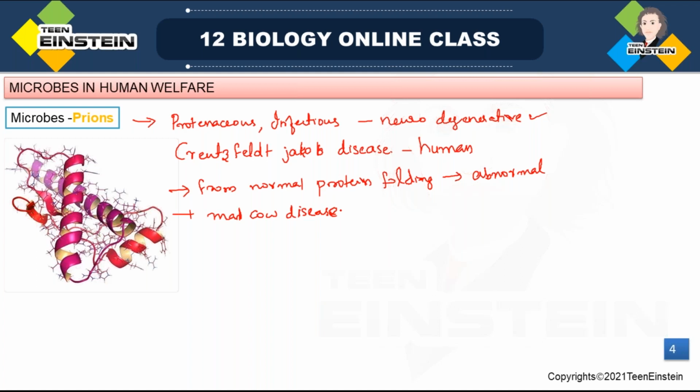The neural system is getting damaged and degenerated. Not only in humans, but in sheep and cow also, these diseases are reported. So prion mainly causes abnormal folding. The protein is getting folded in an abnormal way.